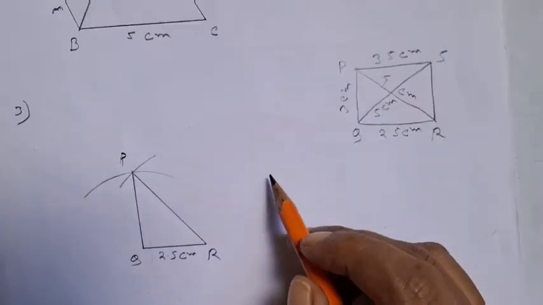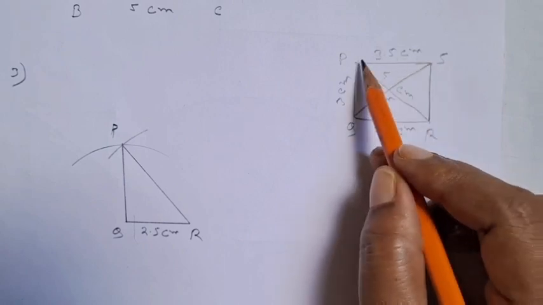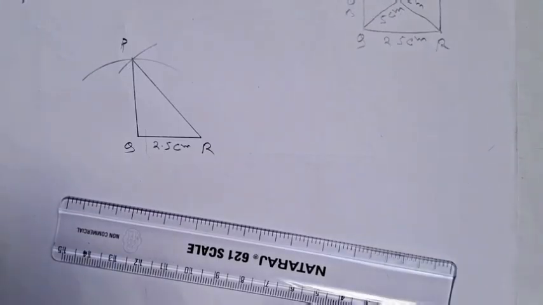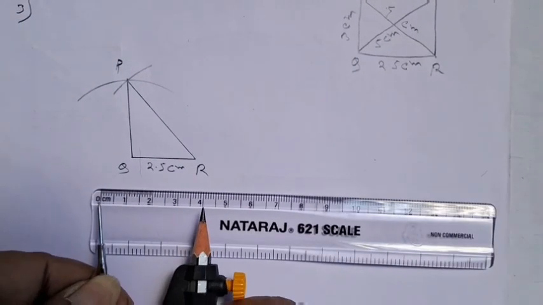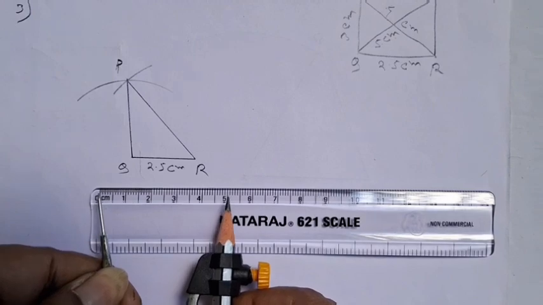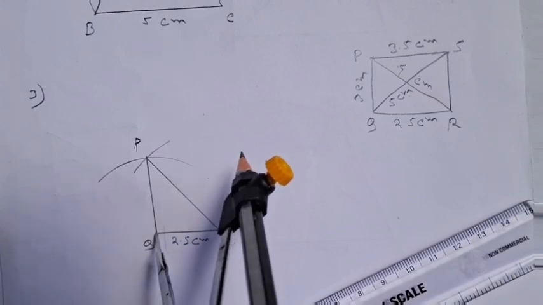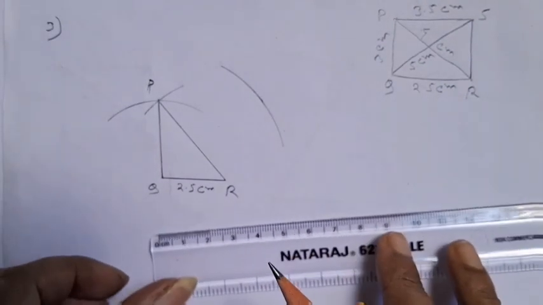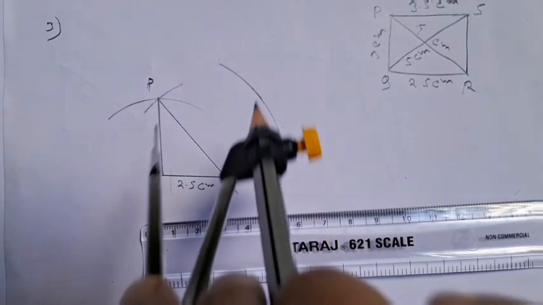And now I have to find the point S. Point S is 3.5 centimeter away from P and 5 centimeter away from Q. So taking 5 centimeter in my compass as a radius and taking Q as center, I draw an arc, and taking 3.5 as a radius and taking P as center, I draw another arc.